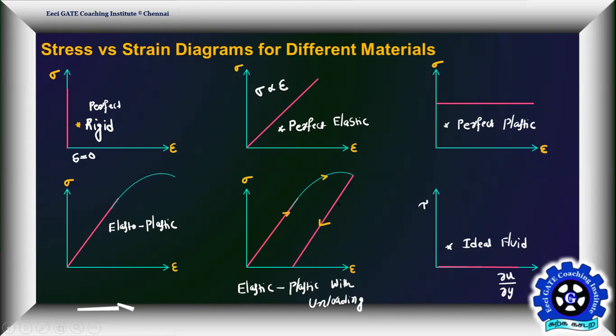Elastic and plastic, plastic with unloading: it can't reach back to here. Elastic in the sense that with unloading it will come exactly back to here. That is meant by elasticity. For an ideal fluid, generally tau and the velocity gradient. That's it. Any doubts so far?